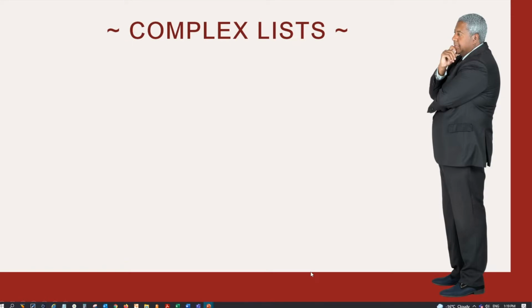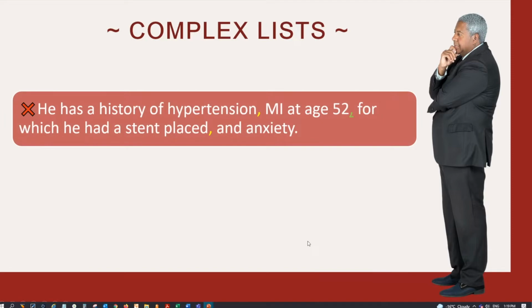Okay, now complex lists. We are getting a bit more complex, just like it says. So what a complex list is when you are making your list and you've got commas between commas. So our yellow commas are our original commas, and now we've added a little bit of extra information about the MI. He has a history of hypertension, MI at age 52, for which he had a stent placed, and anxiety.